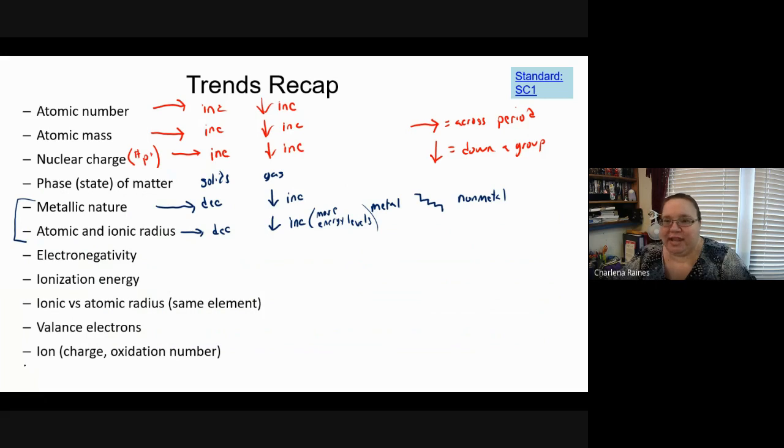It decreases as we go across because of that nuclear charge. It's technically effective nuclear charge.